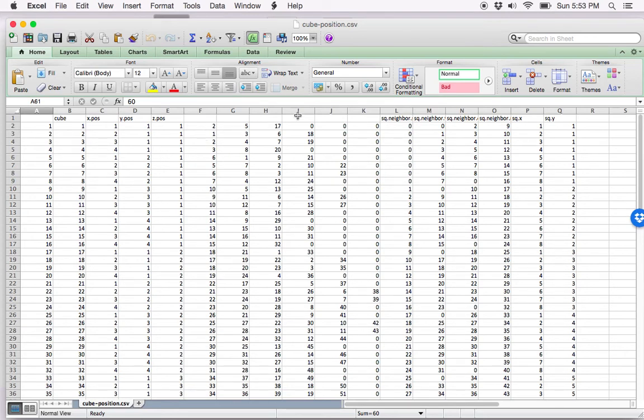And then these are the 3-dimensional neighbors, columns F through K, because at most they're going to have the 6 faces, so 6 neighbors. And then we move into the square neighbors. So these are what we're actually paying attention to here, and there are 4 potential neighbors, and then it also has the X and Y position, from 1 through 8 for those. So that's how I drew the setup.